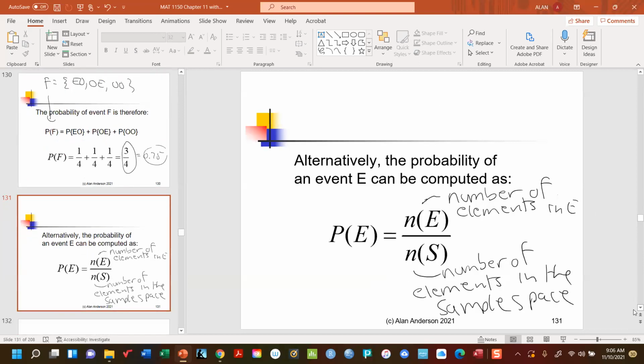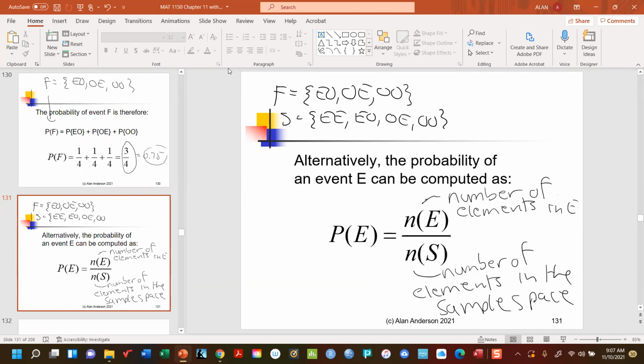F contains EO, OE, and OO, whereas S has these elements.